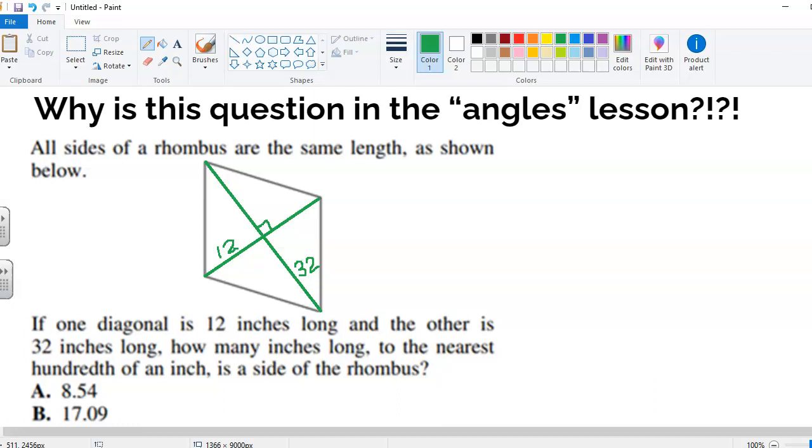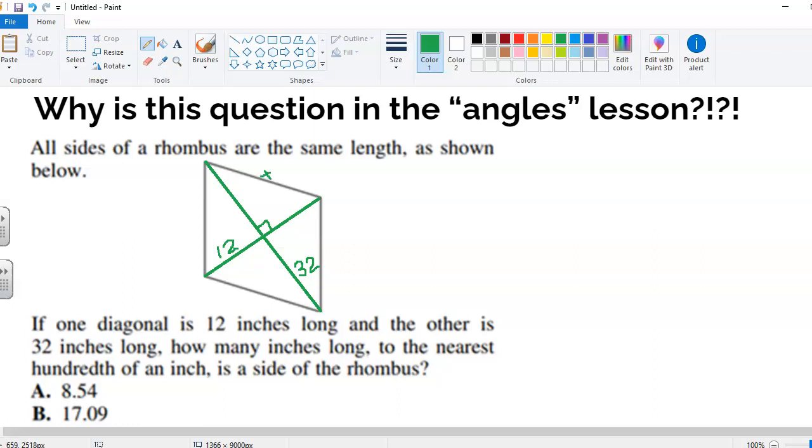Whenever you draw diagonals in a rhombus, they are automatically perpendicular. And even if you didn't know that rule, you can take a good look and kind of have an idea of what's going on. Now, resist the temptation when you're doing a squared plus b squared equals c squared. Now we want to figure out what this is, right? We want to know what one side of the rhombus is.